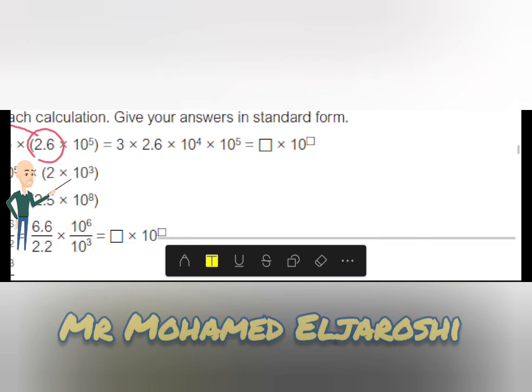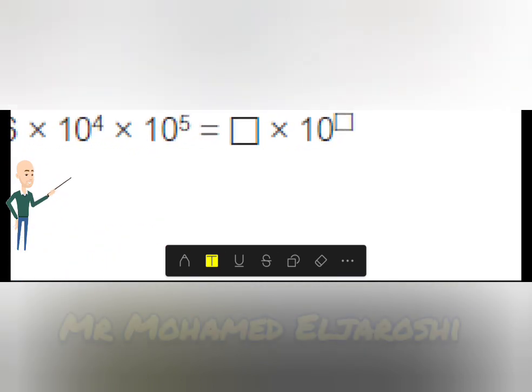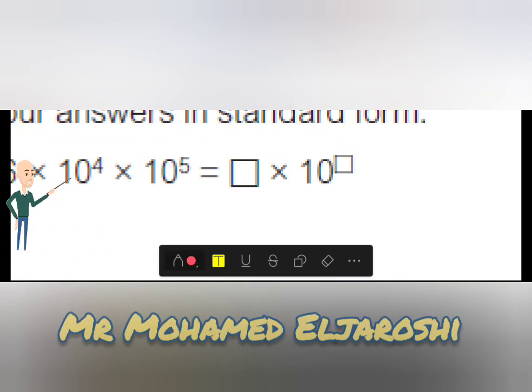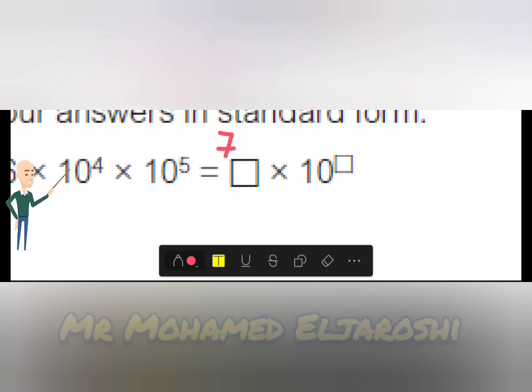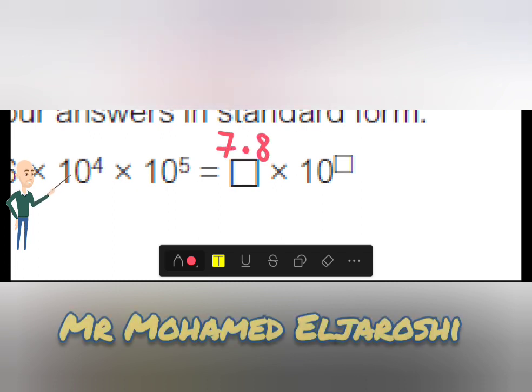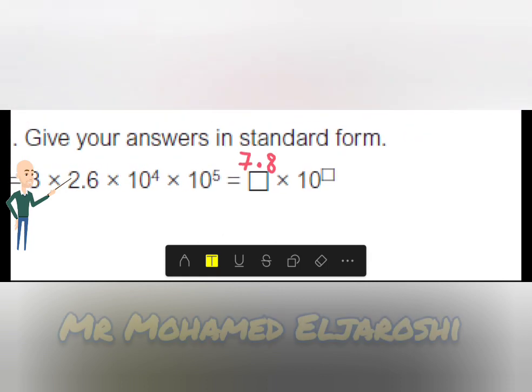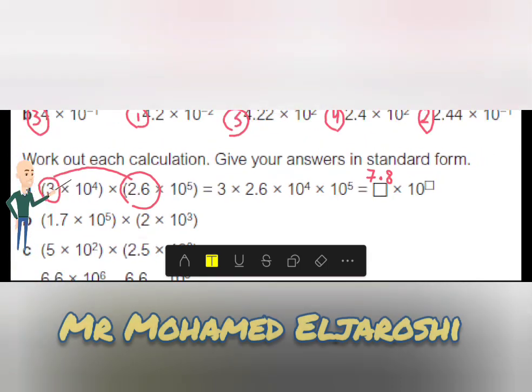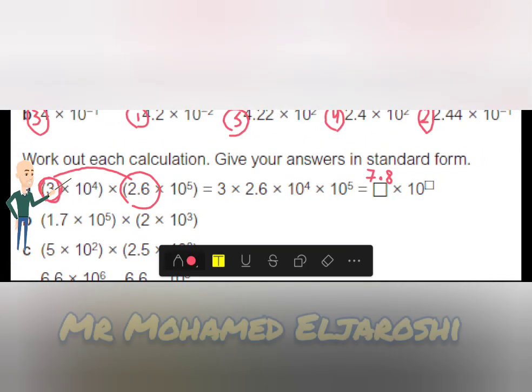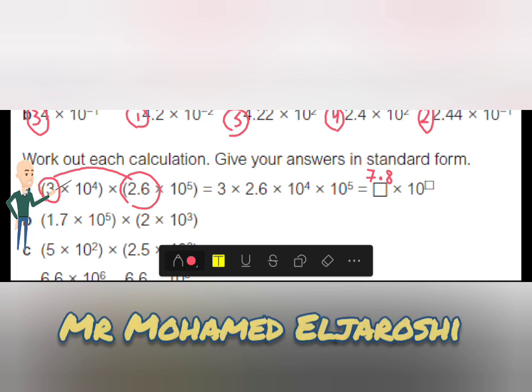Let me put it here. Okay, let me make this bigger. So it's 7.8. As we did, the first step we did is what? We multiplied these together. This is very important. And then I got 7.8. I wrote it here. Now I want to know what's the power on top of the 10. The same idea.